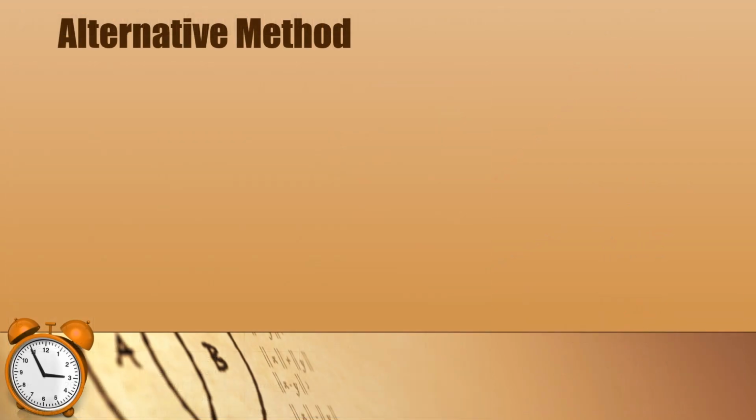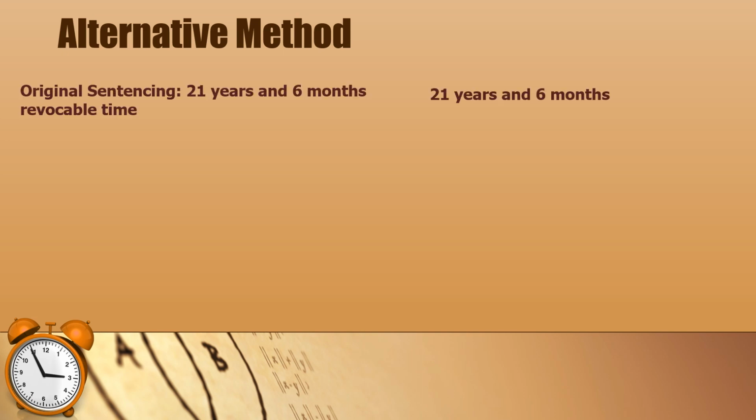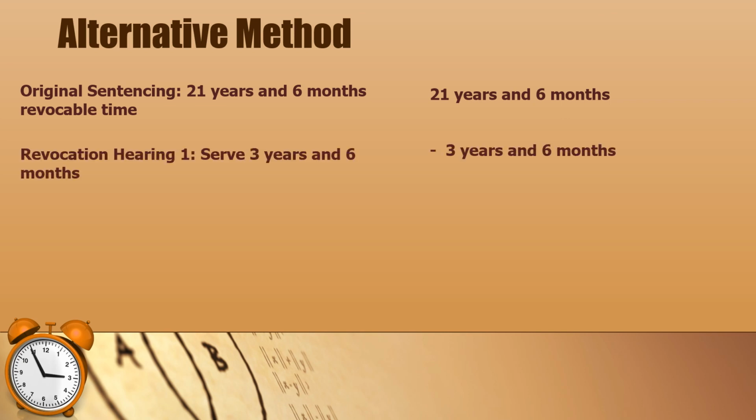There are multiple ways you can calculate the revocable time. So far, we have been adding up the suspended time left after each revocation hearing, but it might be easier for you to subtract the amount of time served from each violation. Let's go back to our example of the individual with the grand larceny and assault on law enforcement convictions. After his original sentencing, he had 21 years and 6 months revocable time. At his first revocation, he had to serve 3 years and 6 months, so we can subtract that.